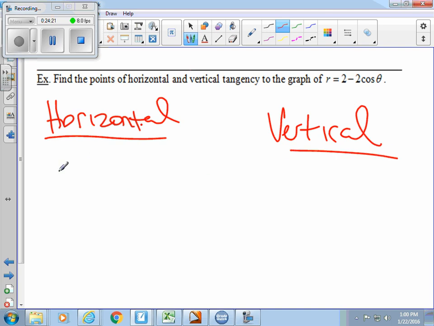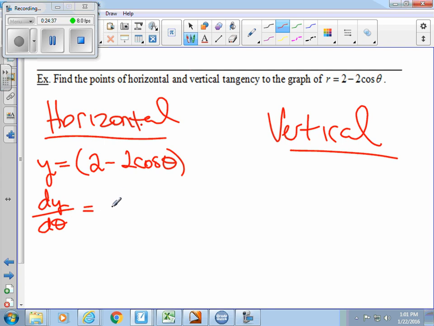So first I need to find y. I guess I need r sine theta.